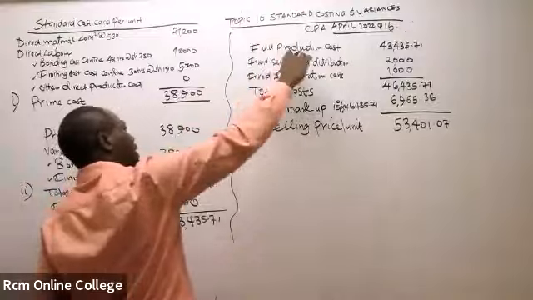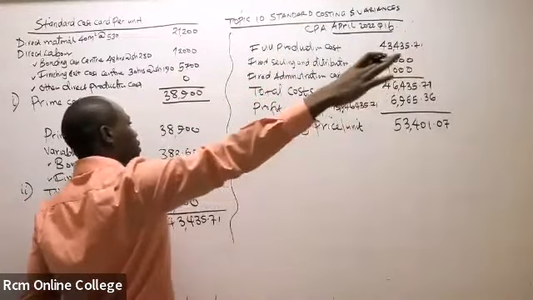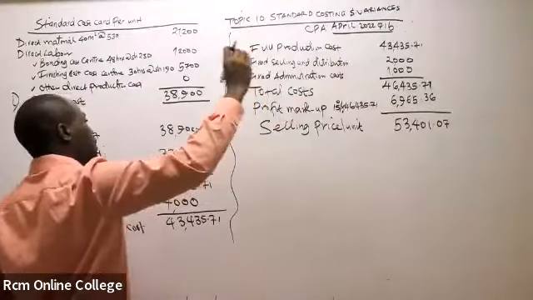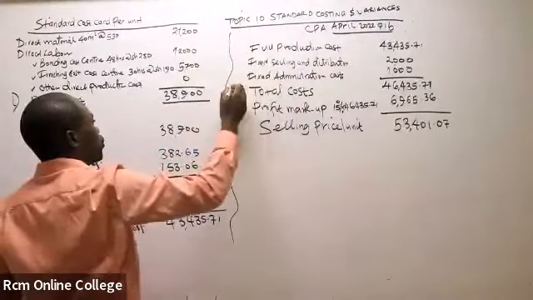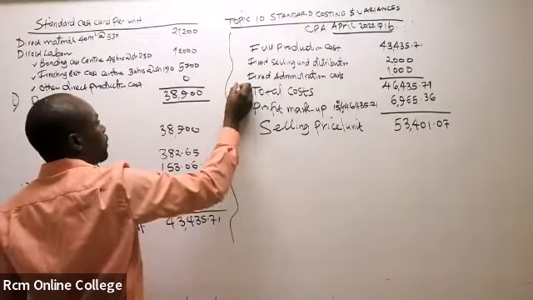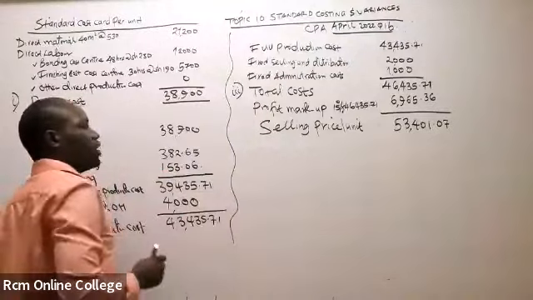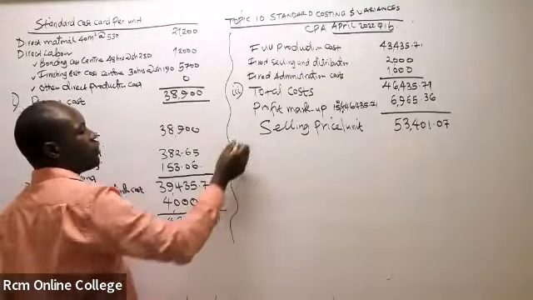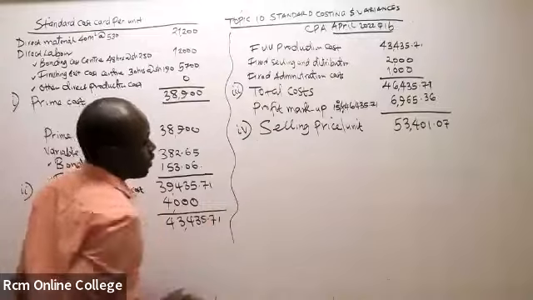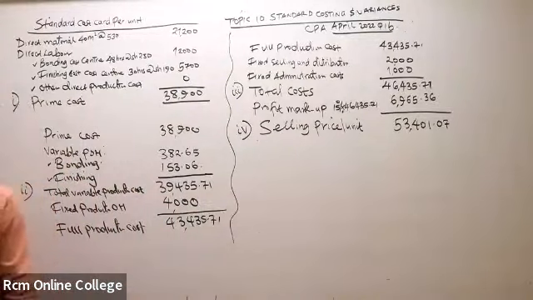That is fixed selling and distribution, has got nothing to do with production. Fixed administration cost, it has got nothing to do with production, to give us the answer to Roman 3 of our question. Then the last part, we are being told to get selling price per unit. So that's what we are required to do.